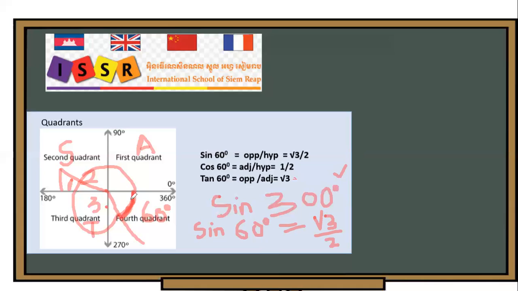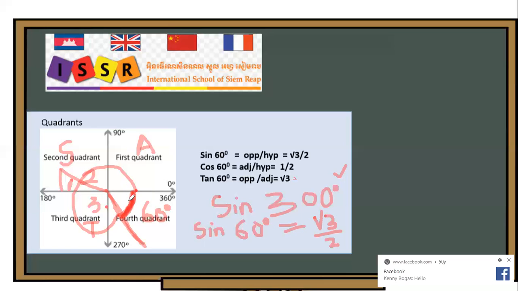Now, let me repeat myself. From 0 to 90, 180, then 270. Then here we now have 300 degrees. This is the line. This is where the angle is. The sine of 300 degrees is this angle. Are we together? So we are going to say sine of 60 degrees is root of 3 over 2.